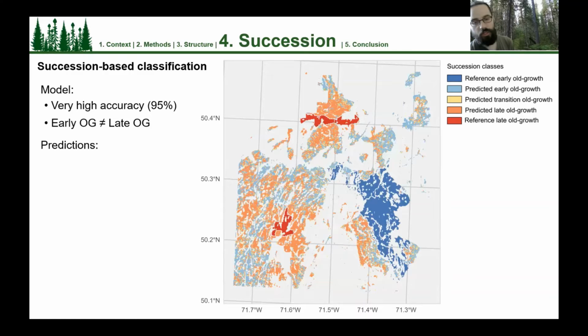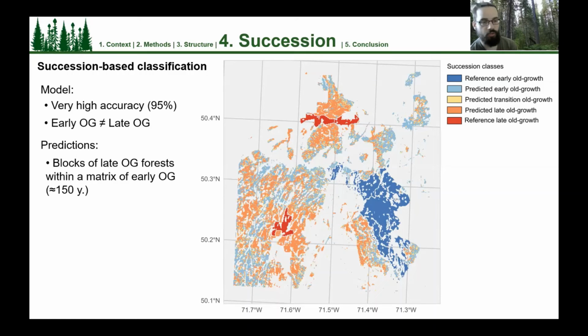And for prediction, we were able, with this model, to identify large blocks of late old growth forest located within the matrix of earlier growth forest. This way, we identified more than 70,000 hectares of old growth forests which are likely to be older than 250 years. That's very interesting because it better shows the internal diversity of old growth forests in the same landscape, here shaped by wildfires of different ages.